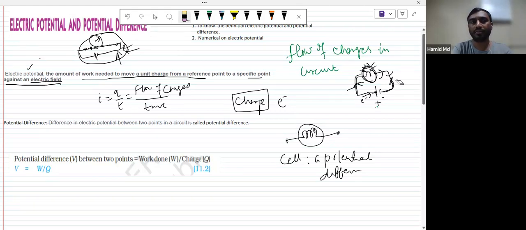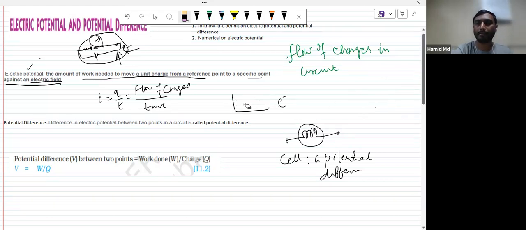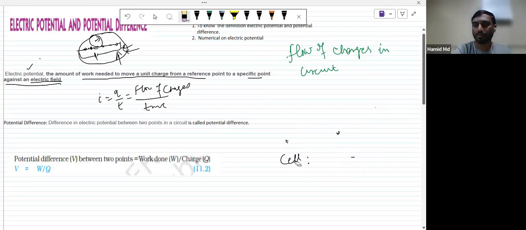Now is the definition of electric potential clear? Yes, sir. Partially or fully? Fully. Yes, sir. Okay, so will you tell me in your own words what it is?